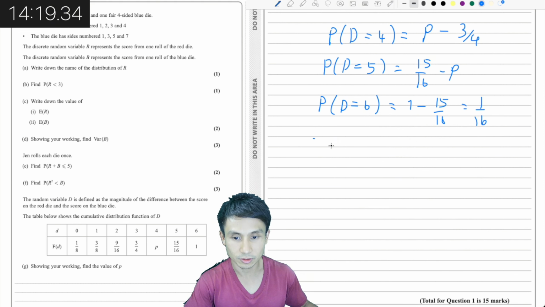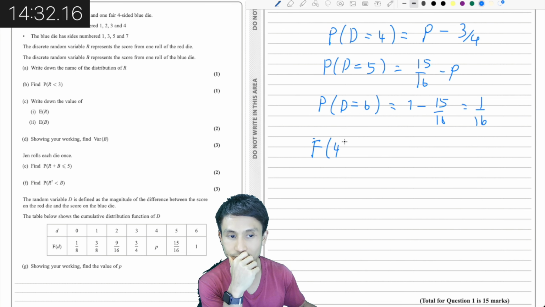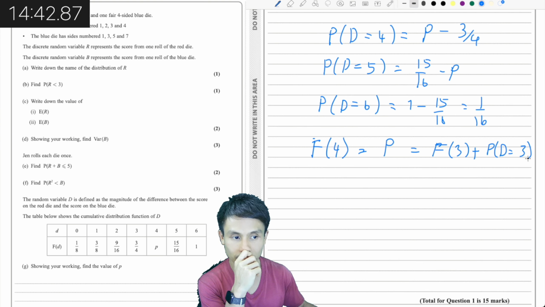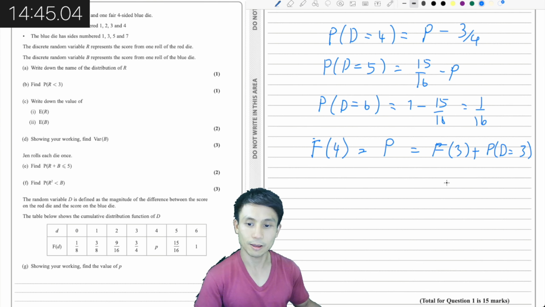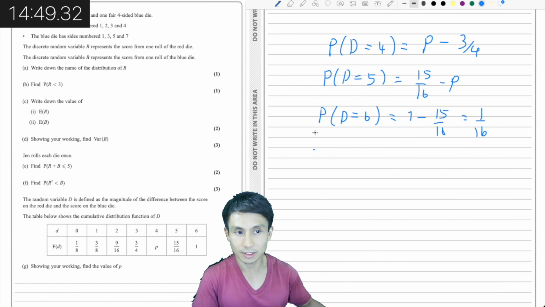So f of 4 equals P, which is equal to f of 3 plus P of D equals 3, right? Wait, hang on, let me refine that again.